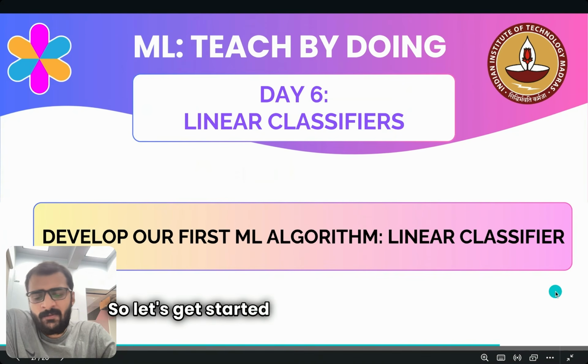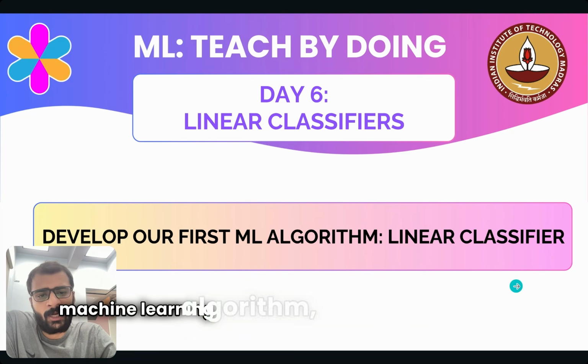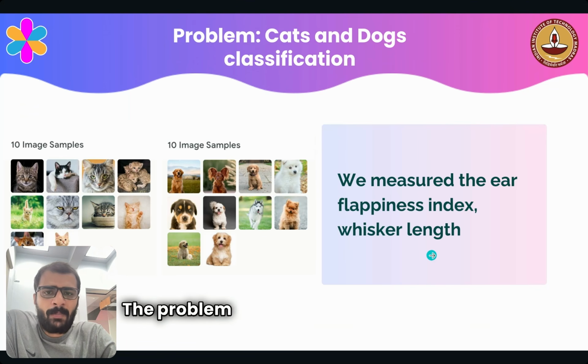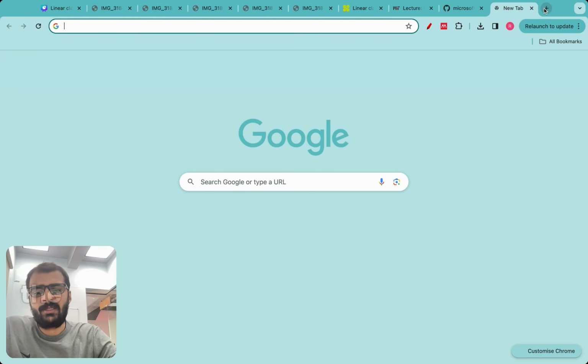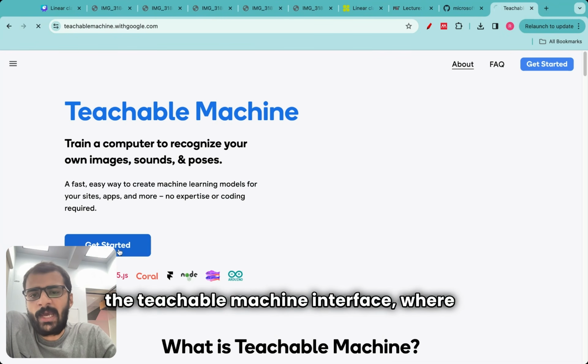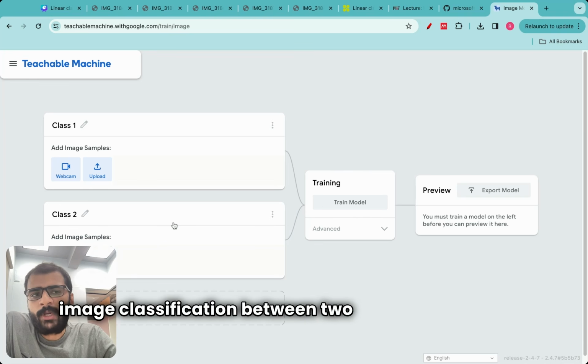So let's get started with today's interesting lecture where we will develop our first machine learning algorithm, which is linear classifier. The problem which we will be taking for this is the cats and dogs classification. Remember in a previous lecture we looked at the teachable machine interface where we performed an image classification between two types of categories.